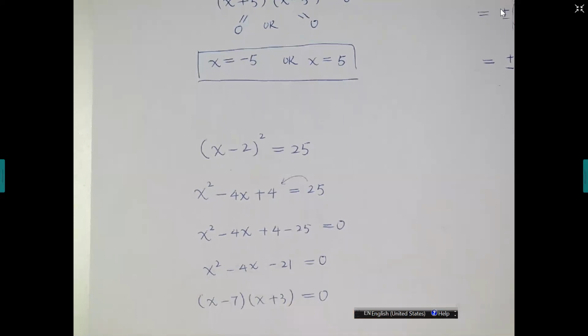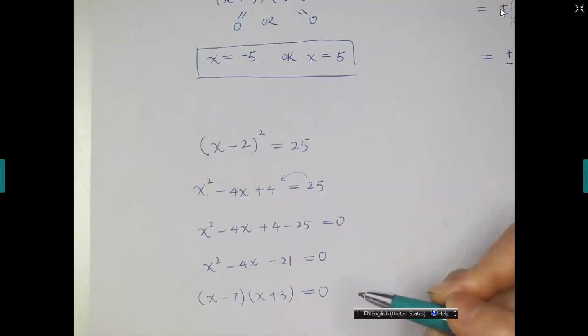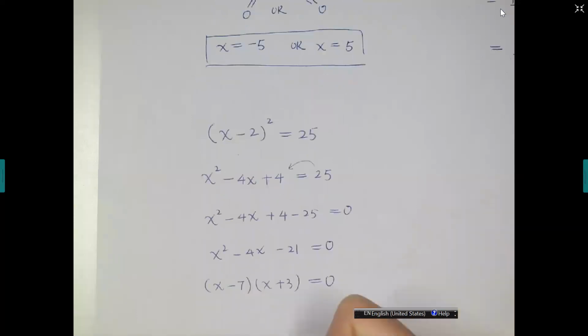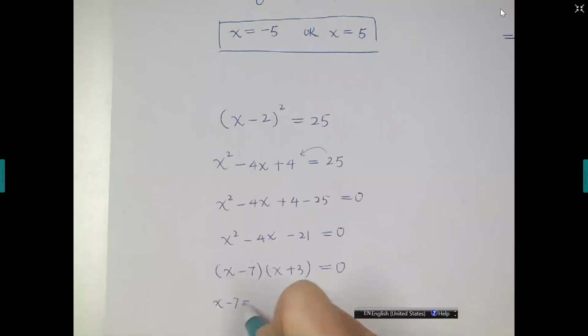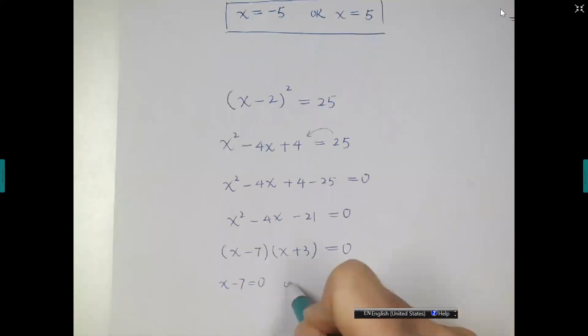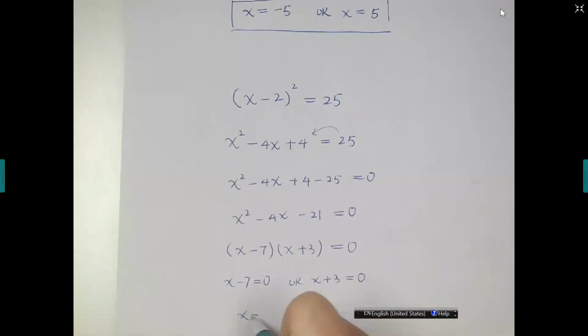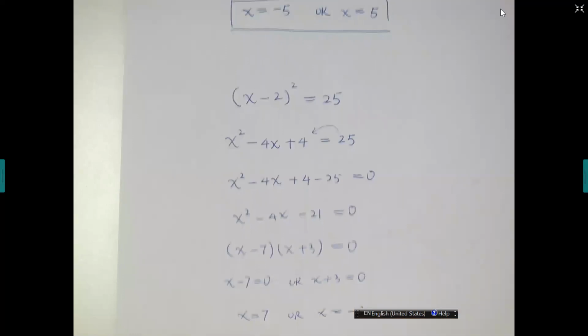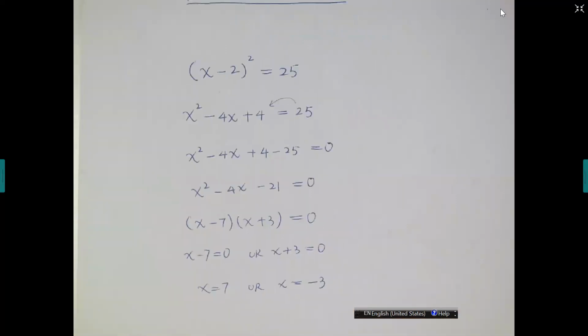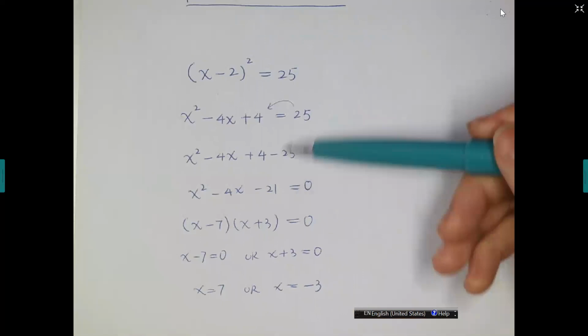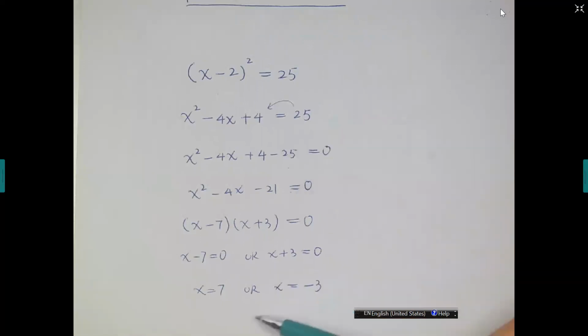So this is what I did. I used the method in chapter 6. Then what do we have here? We get x minus 7 equals 0 or x plus 3 equals 0. Then we got x equals 7 or x equals negative 3. Okay, problem solved. See, we have used these many steps to get the two solutions.